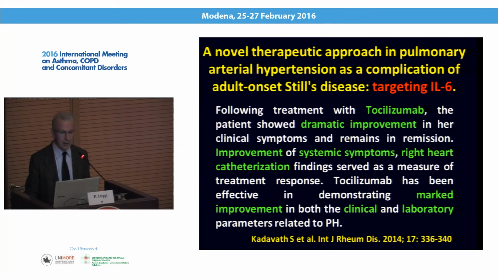In parallel, pulmonary hypertension was also treated, even in a case report, with tocilizumab, a monoclonal antibody targeting IL-6, and in this patient too there was a significant improvement in systemic symptoms, right heart catheterization, and a marked improvement in clinical and laboratory parameters, showing that these two monoclonal antibodies against IL-1 and IL-6, although in a narrative setting, may be extremely efficient in the pulmonary hypertension secondary to adult onset Still disease.